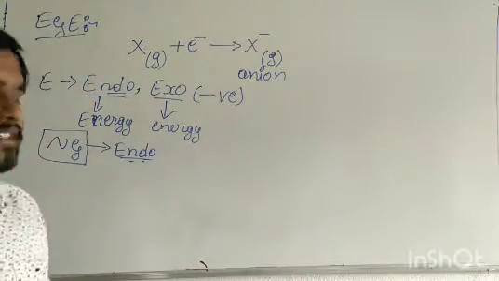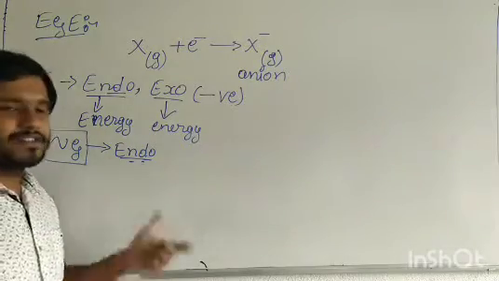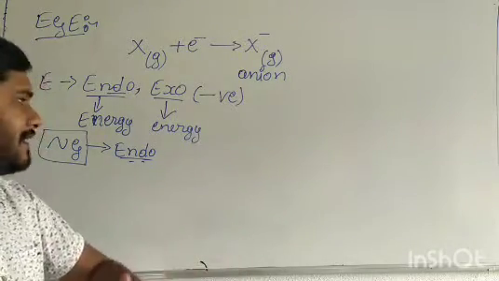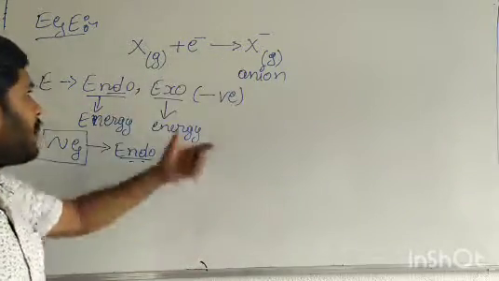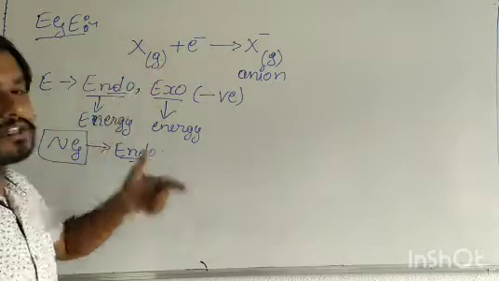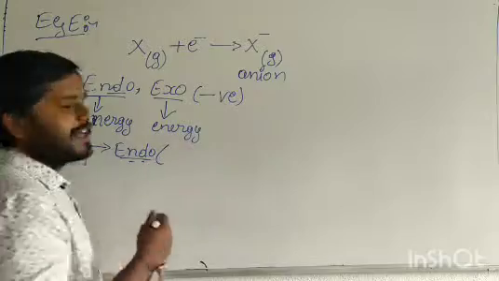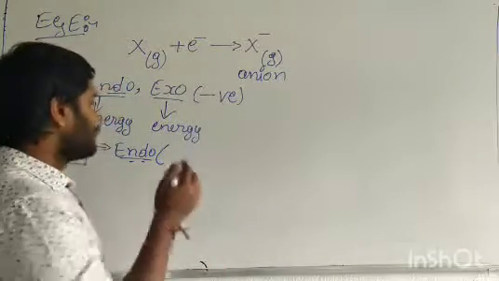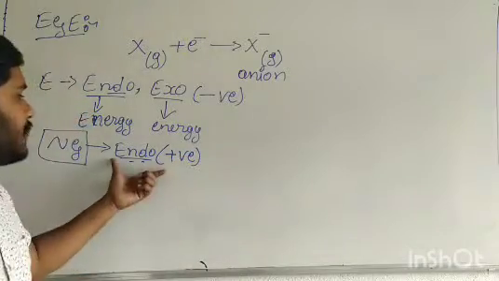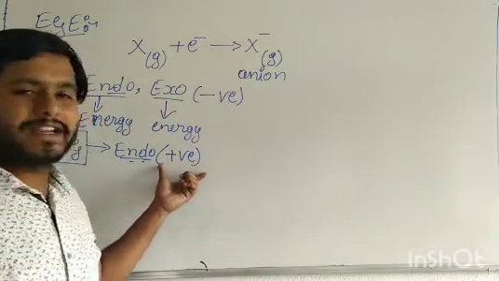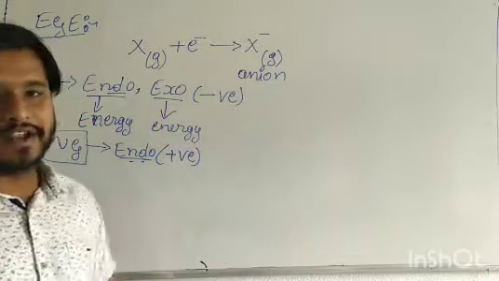Whereas if the reaction is endothermic, that means we are supplying energy for the conversion of X to X minus, or adding an electron to a neutral gaseous atom, then we designate the sign as positive. Endothermic reactions take a positive sign, whereas exothermic reactions take a negative sign.